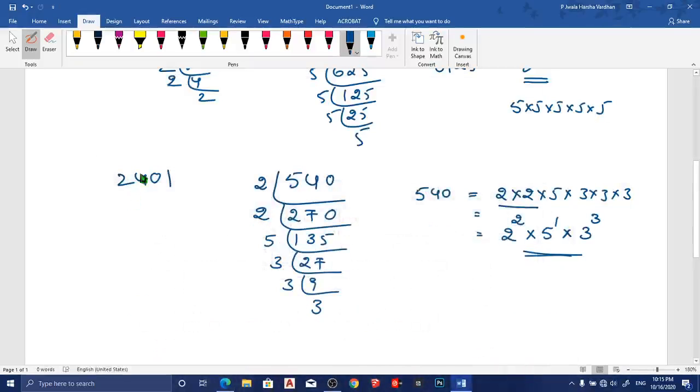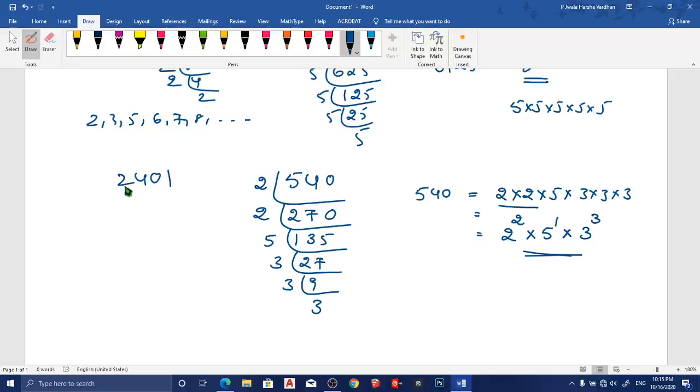2401 means, you know the divisibility rules of 2, 3, 5, 6, 7, 8. All of you know these. For 2, the last digit should be 0, 2, 4, 6, 8. No, so it is not divisible by 2. For 3, the sum of the digits should be divisible by 3.